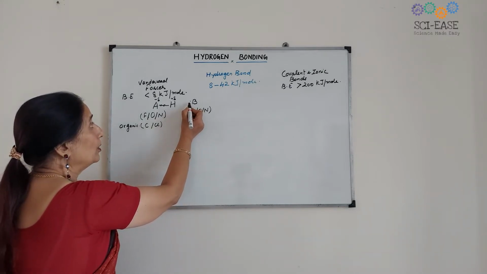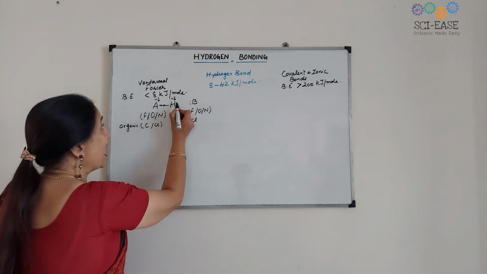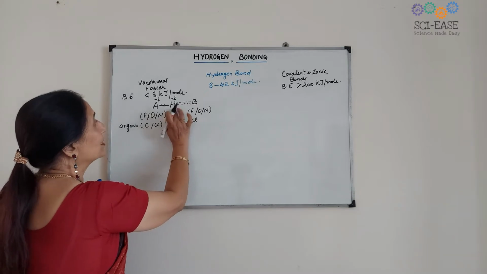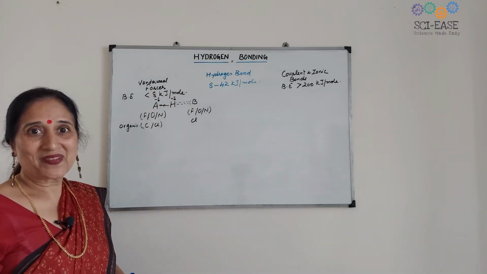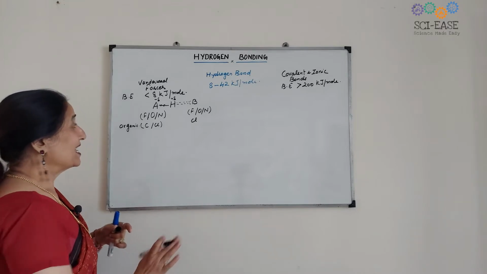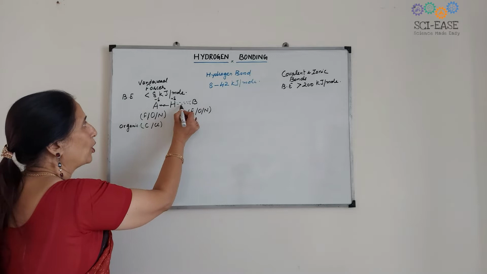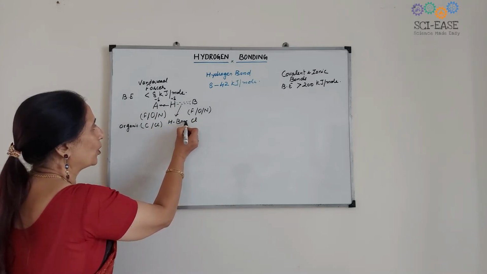This lone pair will be shared by this hydrogen and there is bond formation between hydrogen and this B. This means that there is some bond, and that bond is known as hydrogen bond.